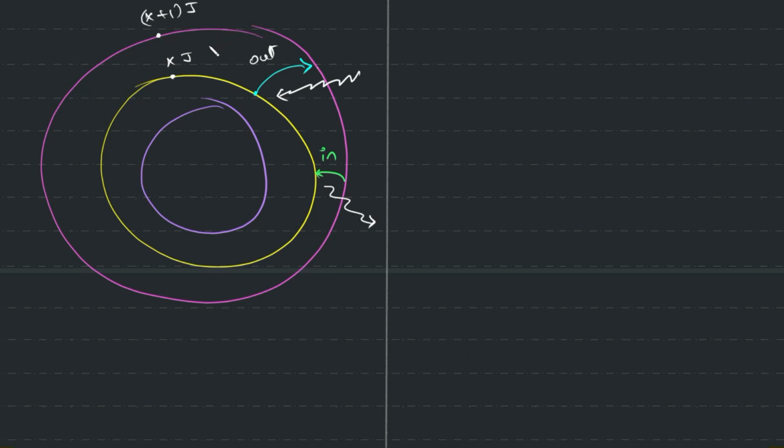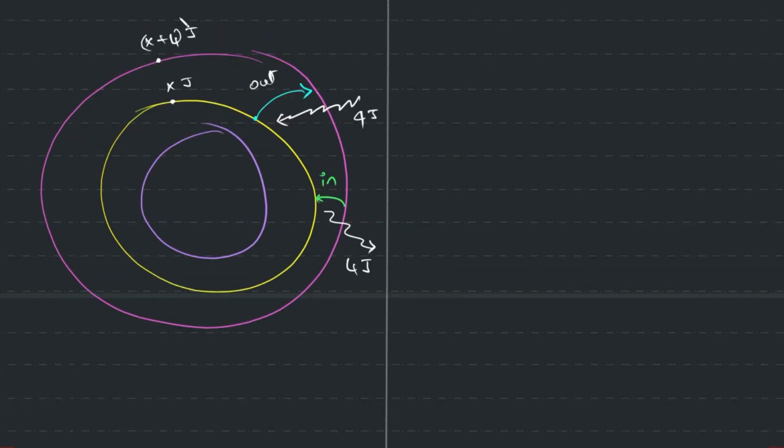Please don't take this as an absolute idea. So if this is x joules, this is x plus 1 joules. So this has to be 1 joule, or let me take it as 4 so that it's easier. So this has to be 4 joules and this will be 4 joules, so x plus 4. This is how they behave.